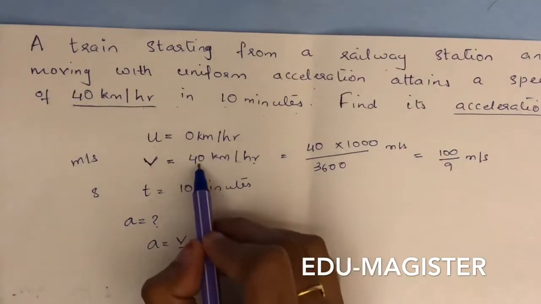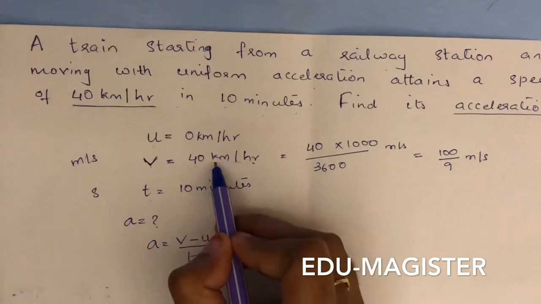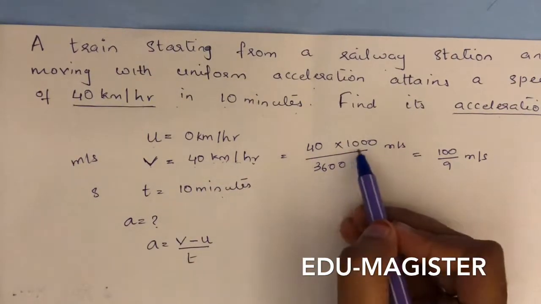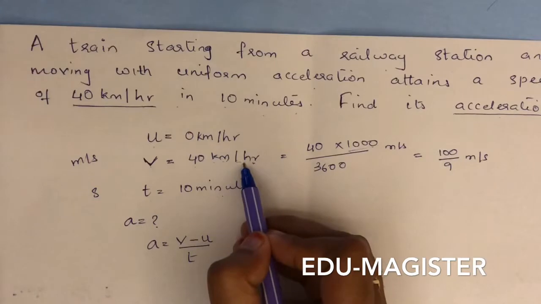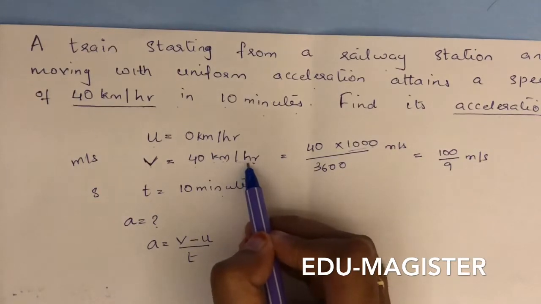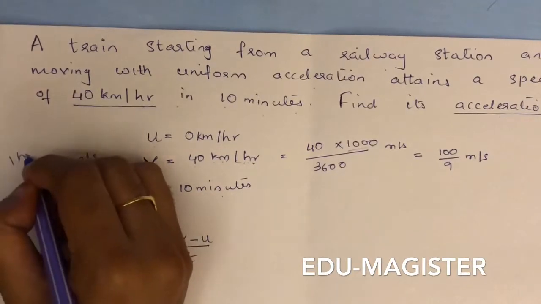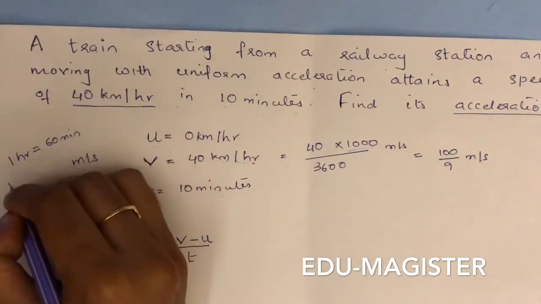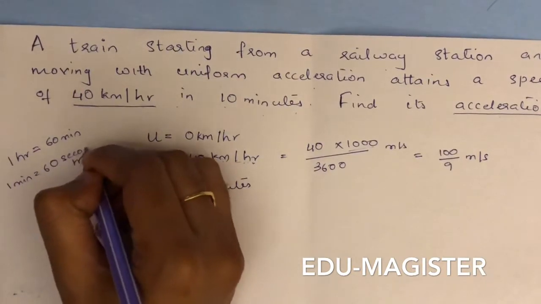Okay, that is, we are converting kilometers per hour to meters per second. We know that 1 kilometer is equal to 1000 meters, right? That's how the 1000 came in the numerator. And we know how to convert hour to seconds, right? That is, 1 hour is equal to 60 minutes and 1 minute is equal to 60 seconds.